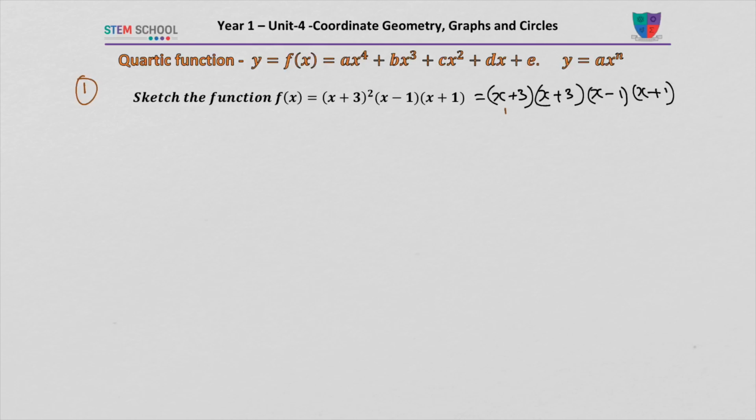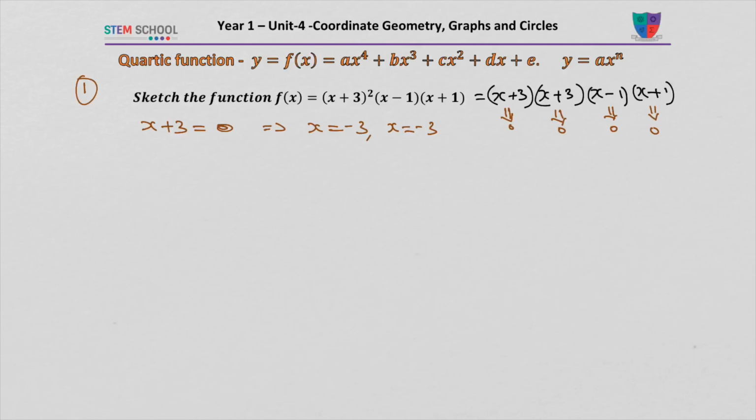x plus 3, so there's twice of those, x minus 1, x plus 1. We can set these factors to 0 in order to find the roots. And therefore the roots will be x plus 3 equal to 0, which implies that x equals minus 3 twice.